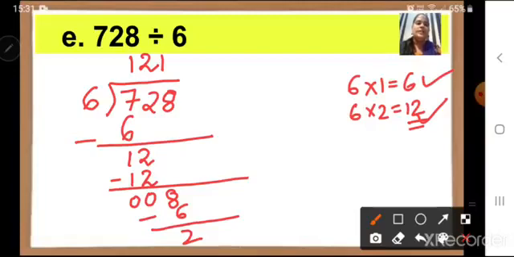Now children, is there any other number in the dividend that we have to take down? No. Correct? All the numbers we have divided properly. So number 2 is our remainder and our answer is 121. Okay.